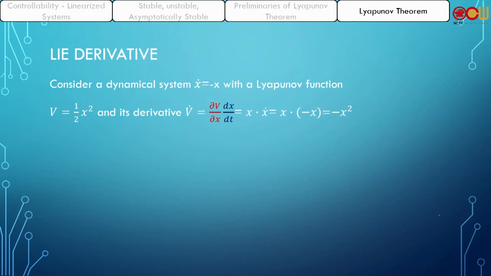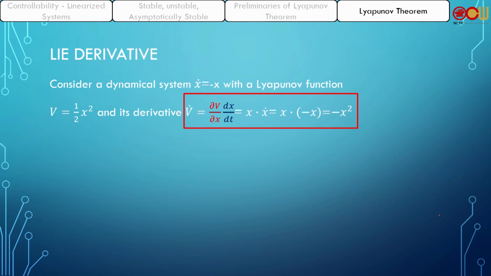So I just mentioned here, right? Use the chain rule. In general, there's a term called the derivative. Given a dynamic system, it's kind of like x dot equal to f(x), some ODE. And if you choose a Lyapunov function, which is positive definite, then its time derivative V dot is equal to this.